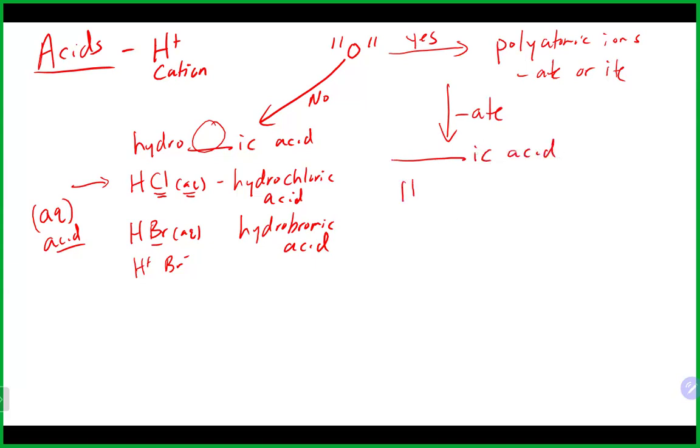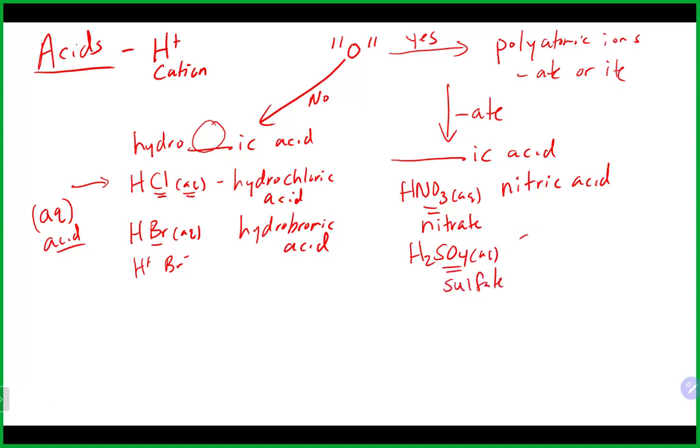So if you had HNO3, NO3 is nitrate, ATE. This would be nitric acid. If you had H2SO4, SO4 is sulfate. This will be sulfuric acid.